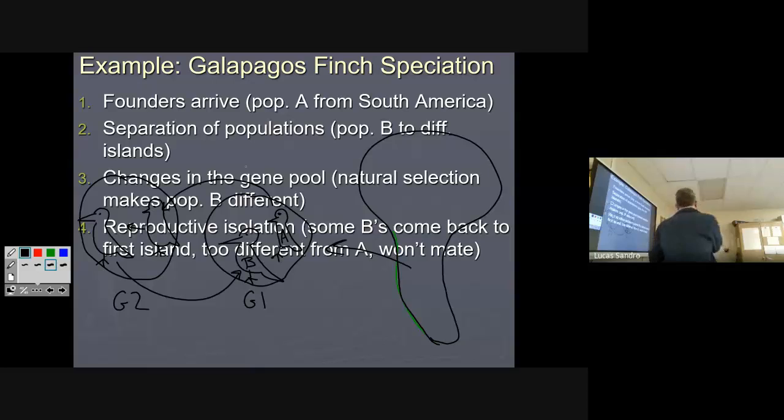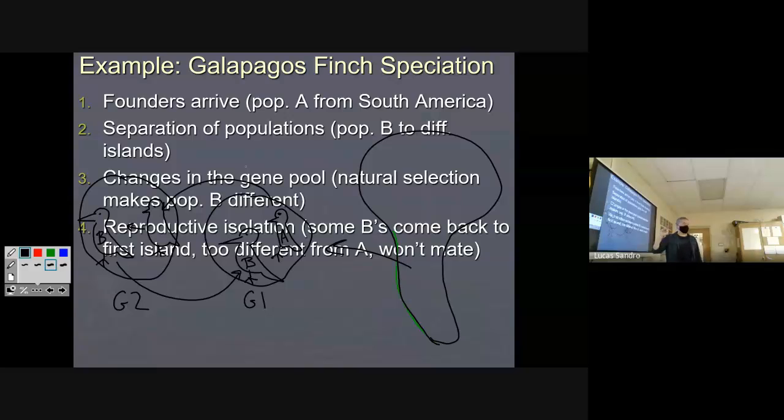And pretty soon, the B birds that went back to the island where the A birds were have evolved to where they're all about evening foraging. They're not even out at the same time as the A birds anymore. And in fact, if they went back to island 2, they wouldn't even see the B birds that are still there. They'd be out at a different time as them as well.